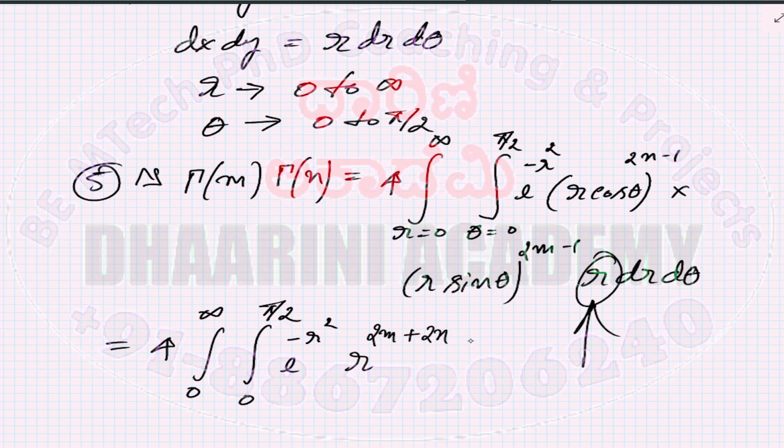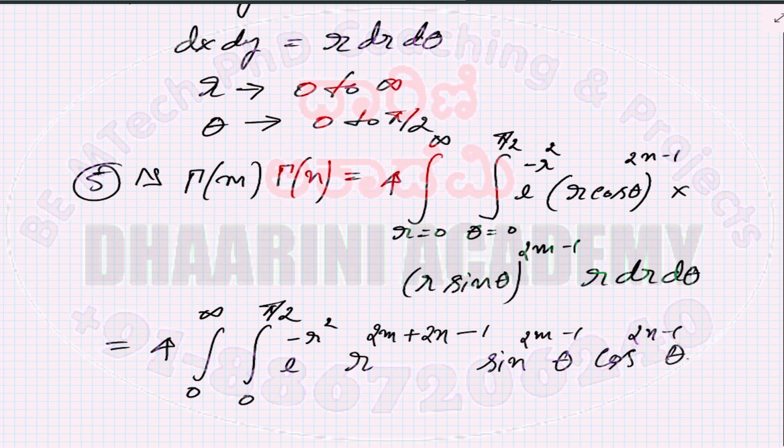So ultimately I'm going to write a minus 1 over here. Okay, so r to the power 2m plus 2n minus 1. That's the term r. Then I'll write the sine term. So into sine to the power 2m minus 1 theta. I have a cos term, 2n minus 1 theta into dr d theta.